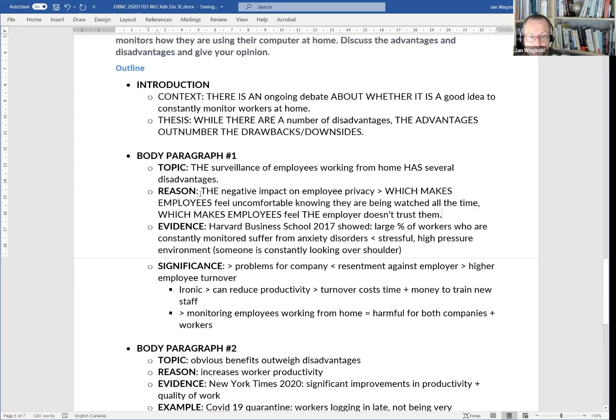Okay. So the negative impact on employee privacy, this has to be a sentence. We don't have a predicate here. No verb. You can add one very small 2-letter verb in here to make this okay.